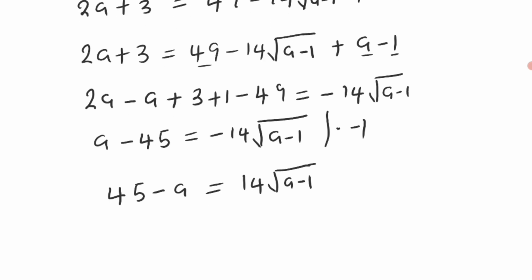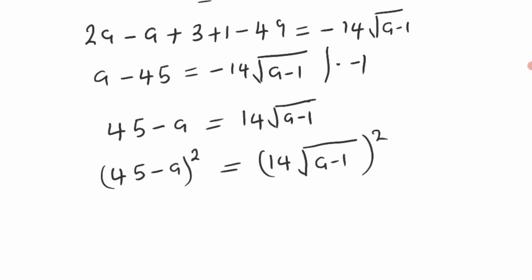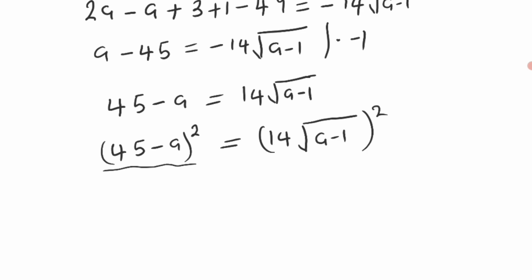Let us square both sides of this equation again. This is 45 minus a all square is equal to 14 square root of a minus 1 all square. Then if you expand this, we have 2025 minus 90a plus a square.